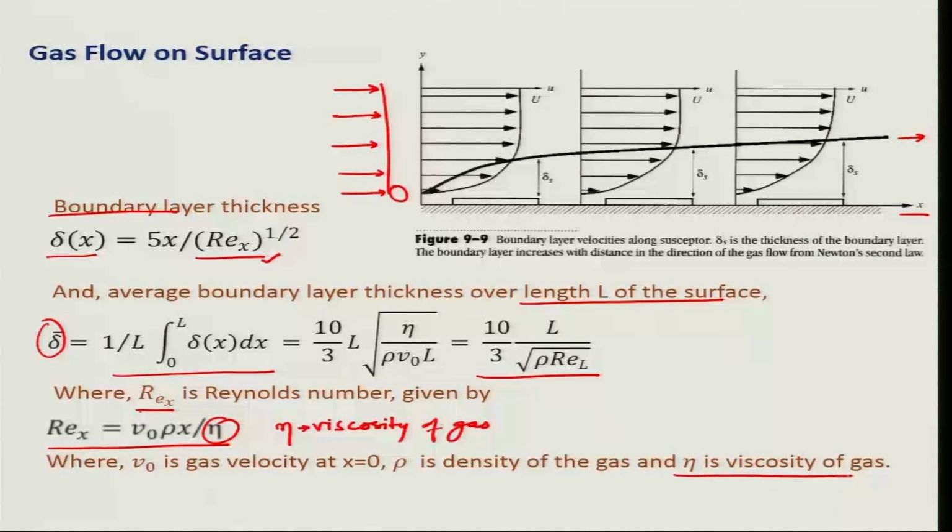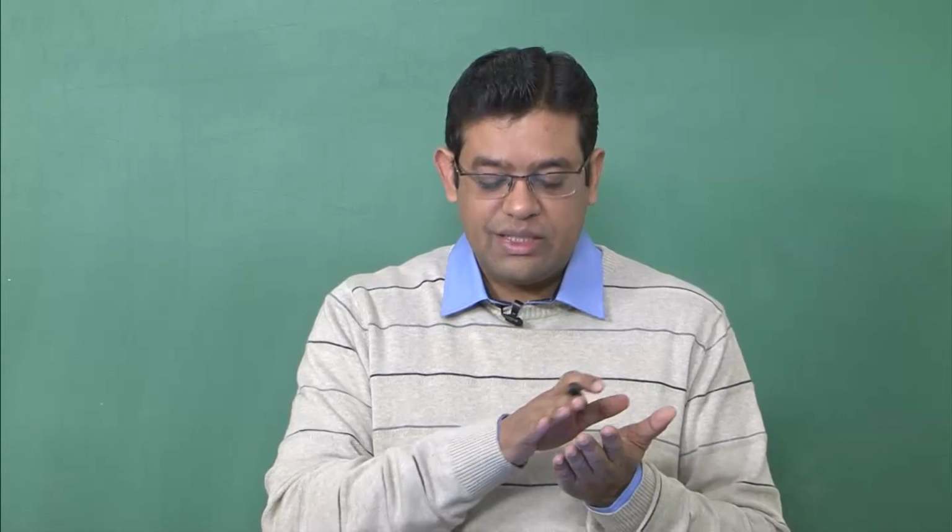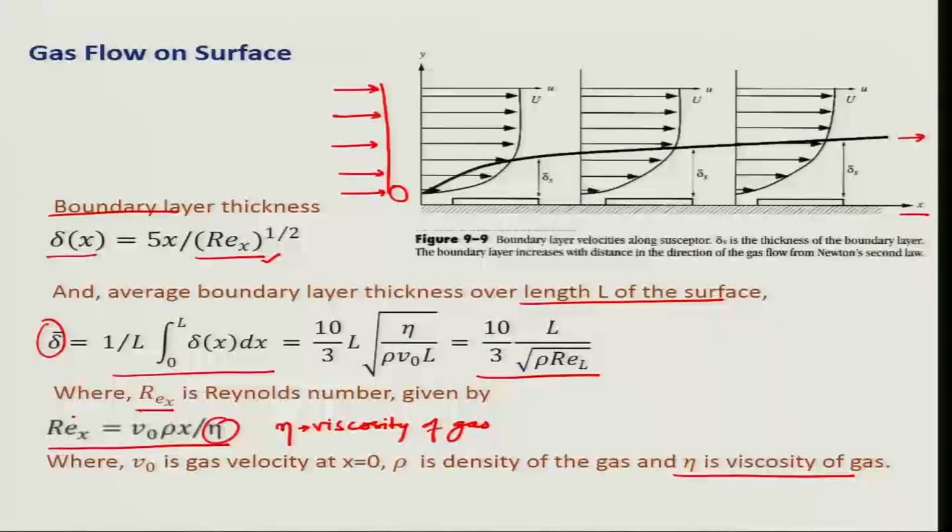If you have a more viscous gas, which resists the motion more severely, you will have a higher Reynolds number, and with a higher Reynolds number you will have a smaller boundary layer thickness.